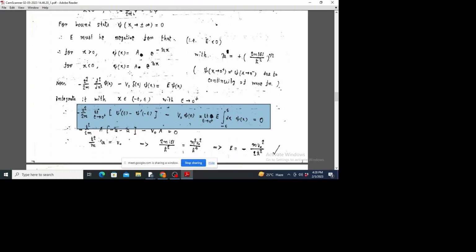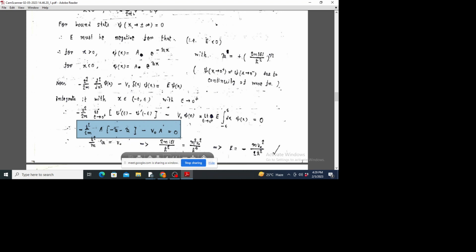And now simply substitute these two solutions, take the derivative of this and put x equal to epsilon. That is what I have done here and obtained this.